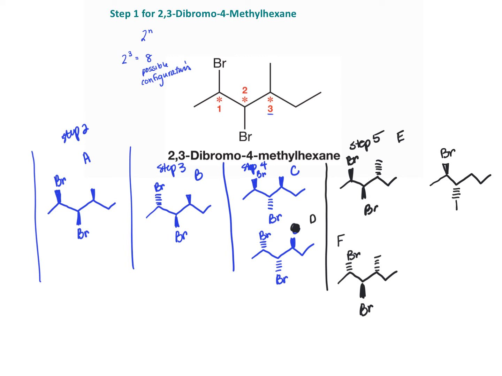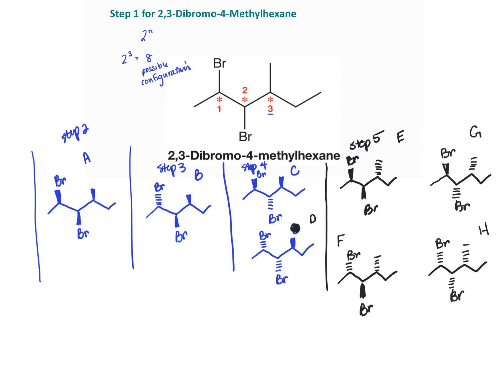And I'm going to keep that Br the same, but then I'm going to change this to a dash. We'll call that G. And then 1, 2, 3, 4, 5. I'm going to come here and change all of them from the first one. And then I'm going to call that one H.